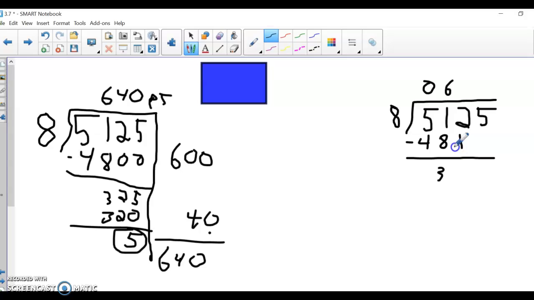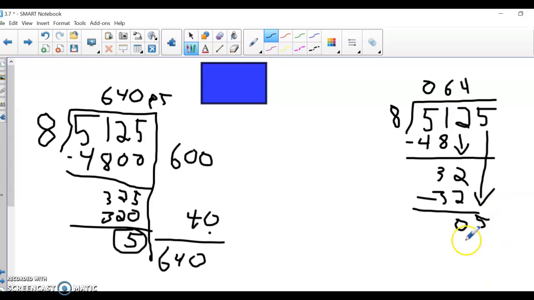I know I need to bring down my next place value. Here we go. 32 now. 8 times what can get me to 32? Well, we said that was going to be 4, and it's exactly 32. And so when we subtract, we have 0, and I need to bring down my ones place, and that's going to be 5. 8 goes into 5 0 times.